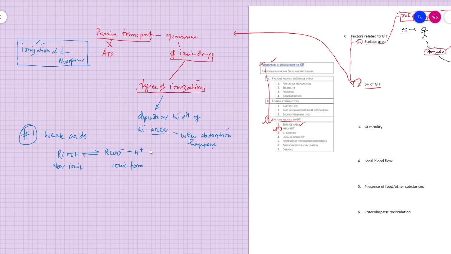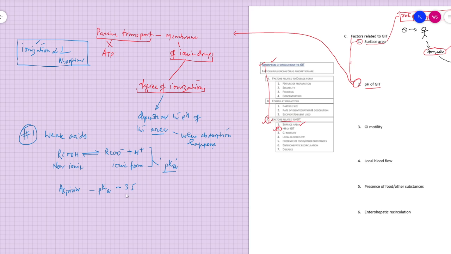Now the property of a drug in equilibrium like that is defined by something called the pKa. The pKa would be listed for drugs like, for example, aspirin, a weak acid. Aspirin has a pKa of about 3.5.